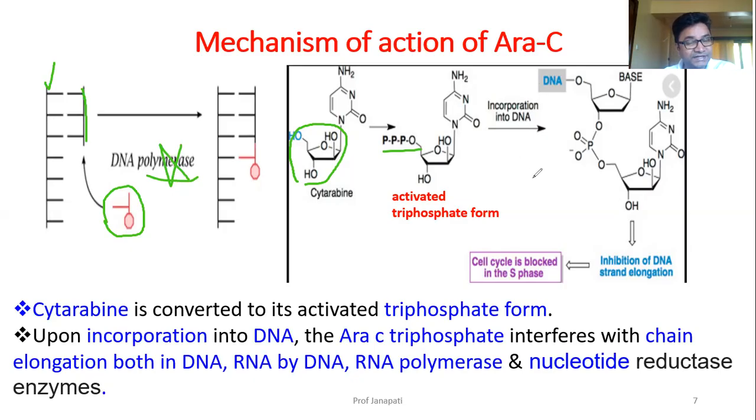But there is a different sugar: arabinose is present instead of deoxyribose. So the DNA polymerase cannot add the next growing nucleotide, and there is blockage of this action. This is the mechanism of action of this drug, Ara-C or cytarabine.